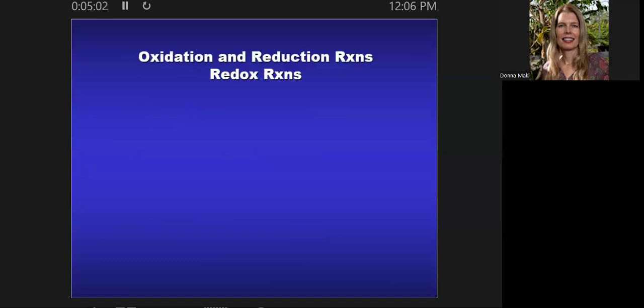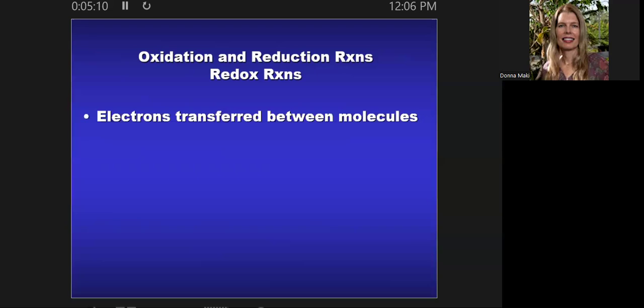So when we talk about oxidation and reduction, we're talking about redox reactions. And that's the idea where we're going to see electrons are getting transferred between different molecules. And for the light reactions, it's a long series or chain of molecules that will be passing along the electrons from donor to acceptor.